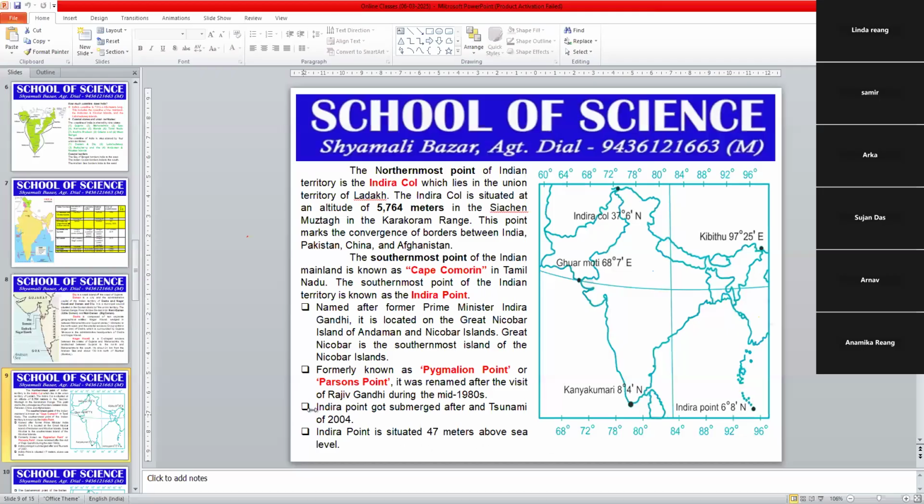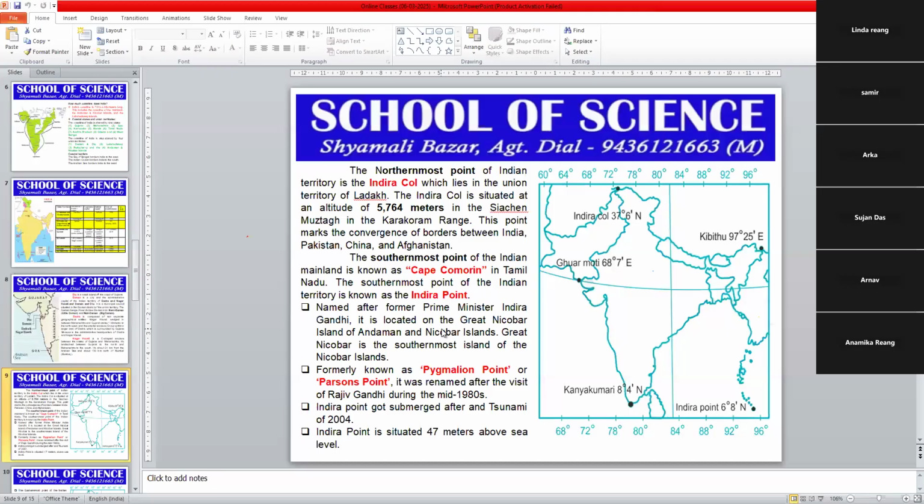Now, formerly, the Indira Point was named Pygmalion Point or Parsons Point. What was the former name of Indira Point? It was called Pygmalion Point or Parsons Point. It was renamed after the visit of Rajiv Gandhi during the mid-1980s.